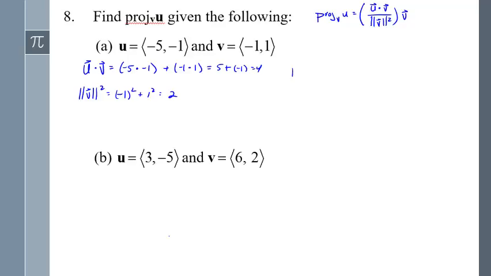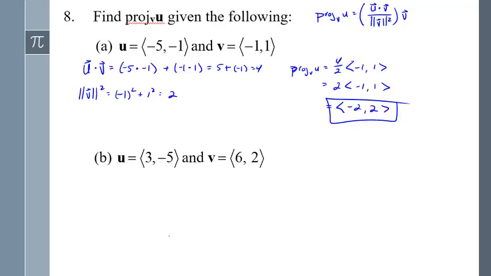So the projection of u onto v is 4/2 times v itself. So it's 2 times v, which is -2, 2. That is the projection of u onto v.